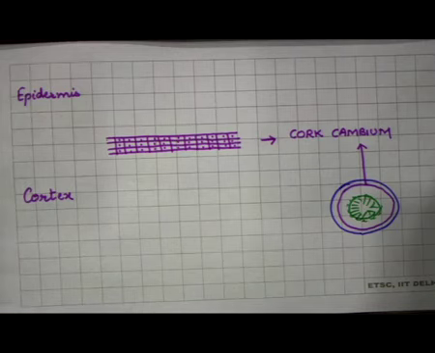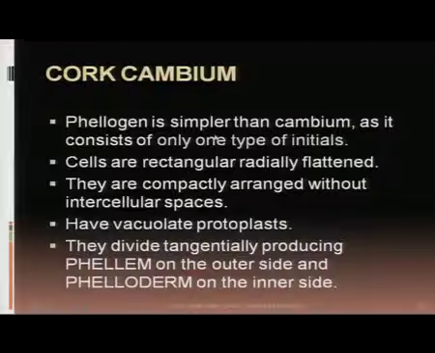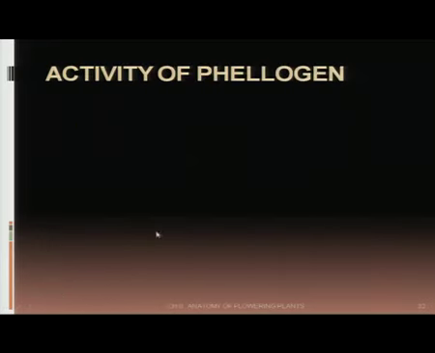That is what is written here, that the cork cambium cells divide tangentially, producing a phellem, that is the cork, on the outer side, and phelloderm on the inside. Phelloderm is also known as the secondary cortex.